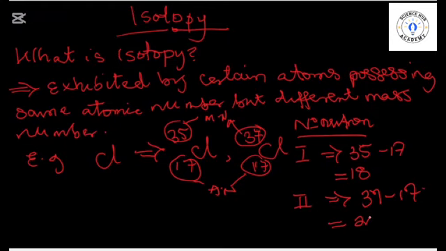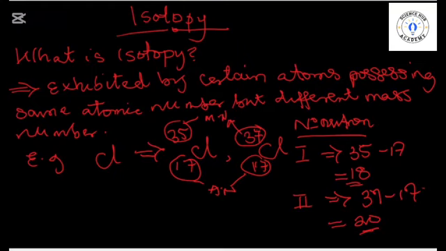So you can see what makes them different is the number of neutrons. Chlorine is an atom exhibiting isotopy, with the same atomic number but different mass number due to the difference in the number of neutrons.